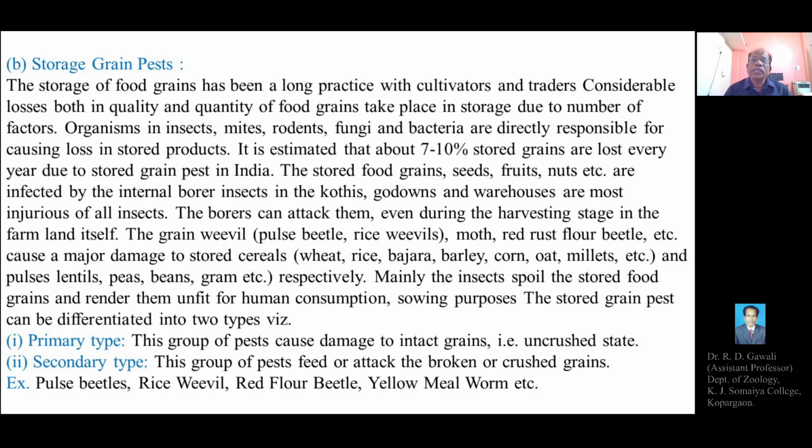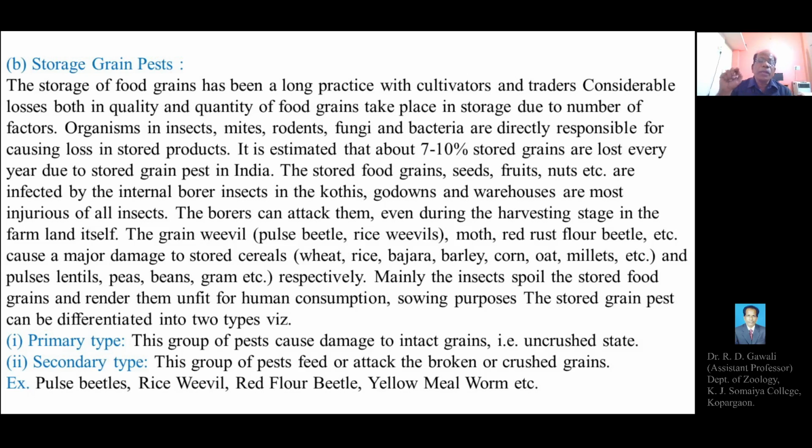Mainly, the insects spoil the stored food grains, making them unfit for human consumption or seed purpose. The stored grain pest can be differentiated into two types, that is primary type and secondary type.